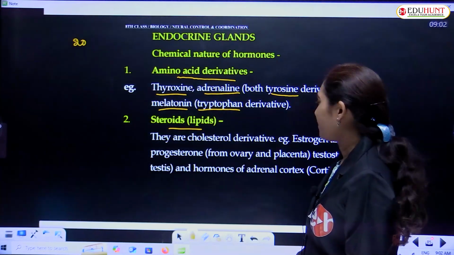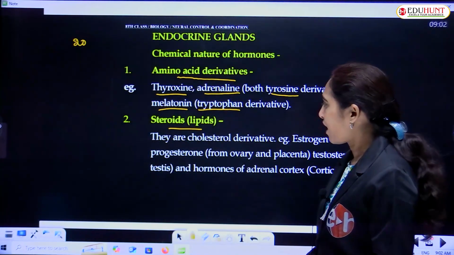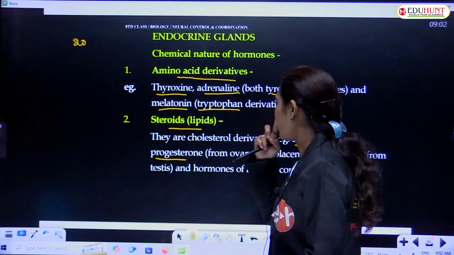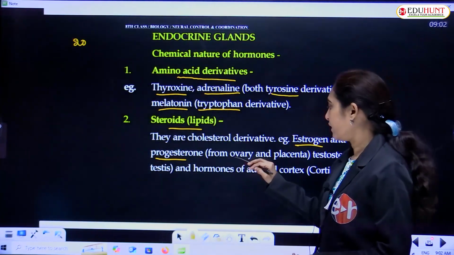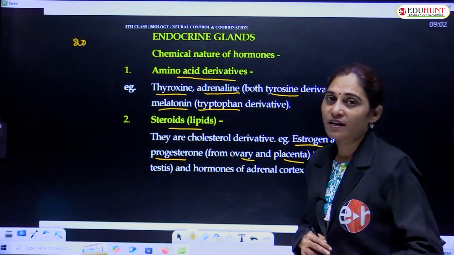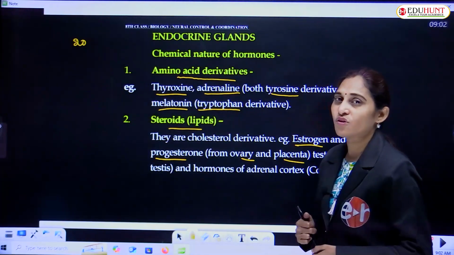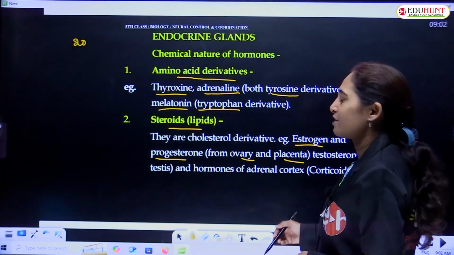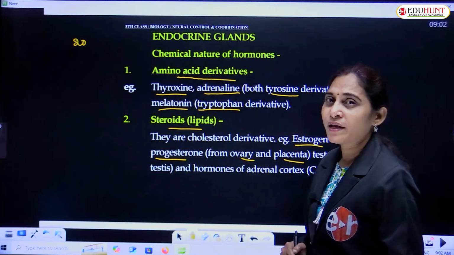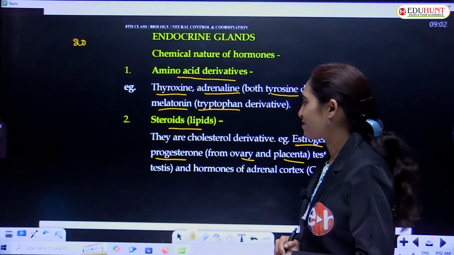Cholesterol derivatives, especially the sex hormones, are of this kind. Estrogen and progesterone are released by the ovary and placenta. These are cholesterol derivatives. And testosterone, which is a male sex hormone, is released by the testes.